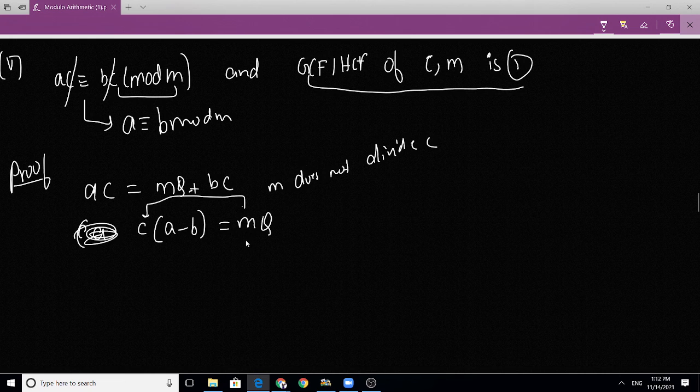So that implies that m divides a minus b, because the LHS must be equal to the RHS. So I can say a minus b equals to m times something, and with this, I can say a congruent to b modulo m.